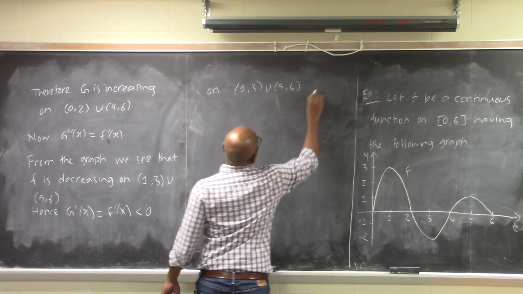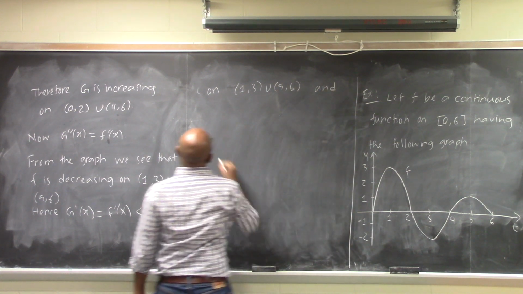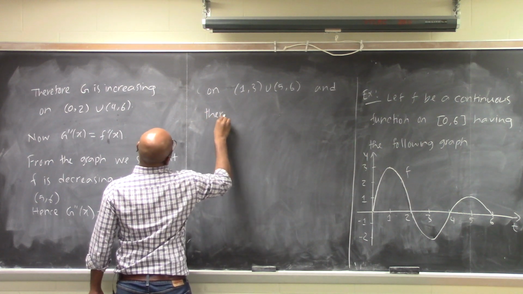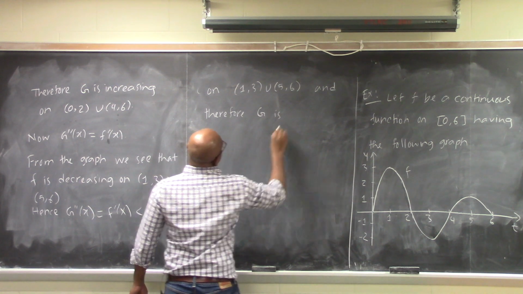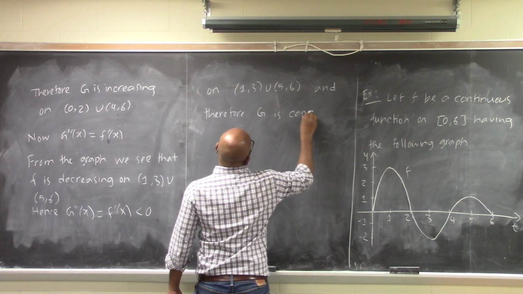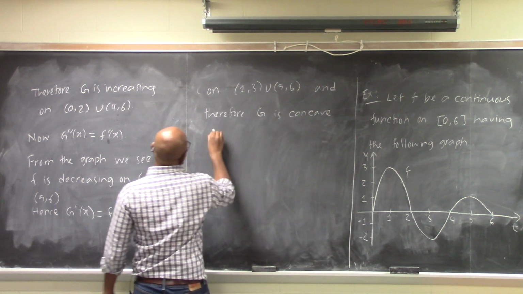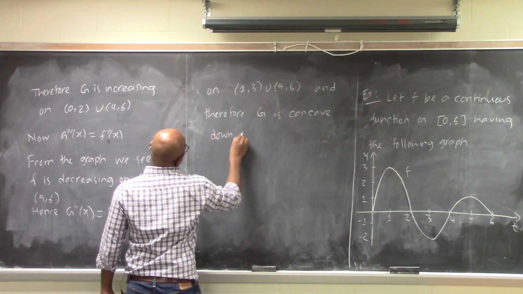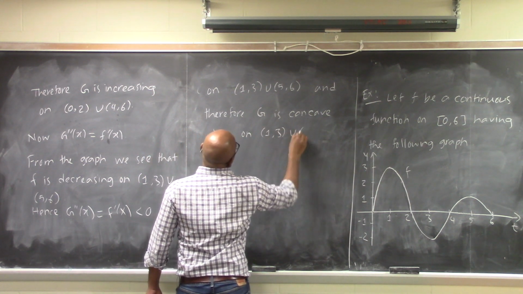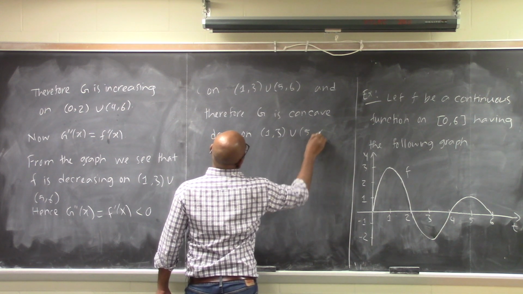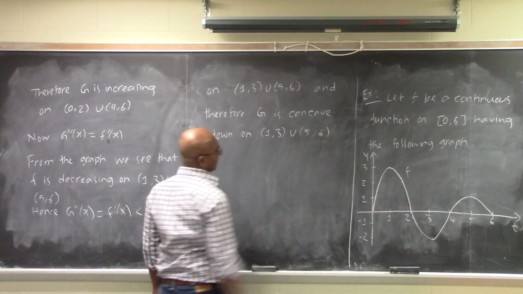Okay, and therefore capital G is concave down on 1 to 3 and 5 to 6.